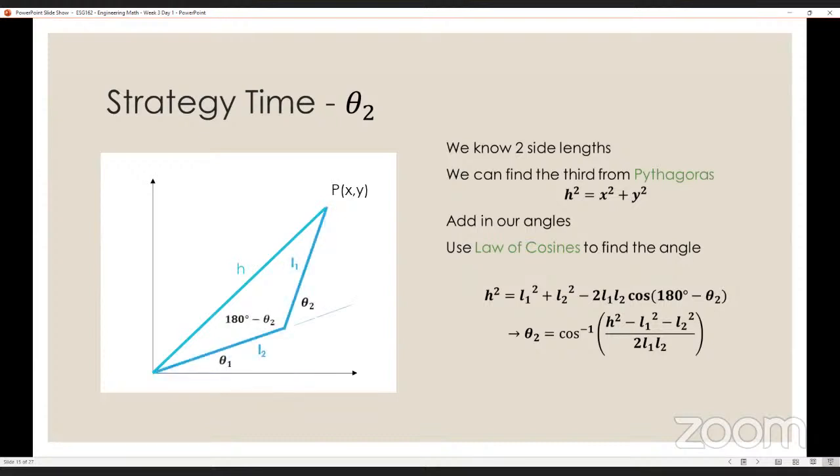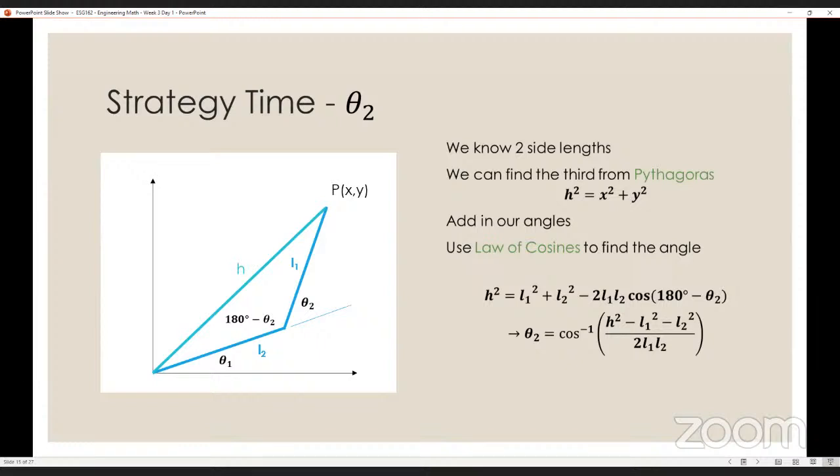Oh, wrong. And so here we go. So we know that this angle is theta, so that means that this angle in the triangle is 180 degrees minus theta 2. Okay.